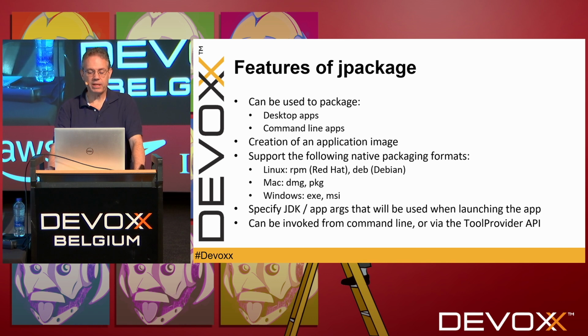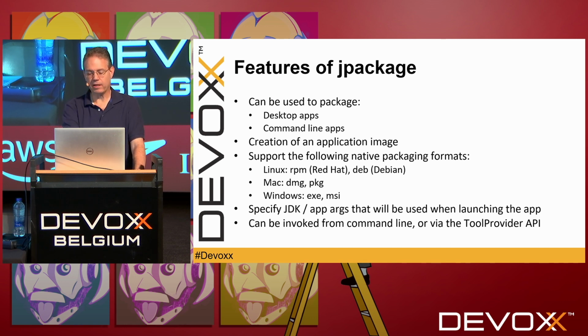So jpackage can be invoked either from the command line, and we expect that's how most people will do it. But if you want to integrate it with Maven or Gradle or Ant or anything else, like an IDE, you would want to be able to call this from Java. And so just as with any other tool like jlink or javac, you can invoke it via the ToolProvider API.